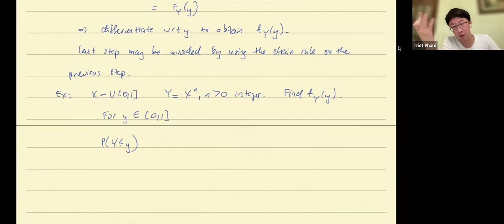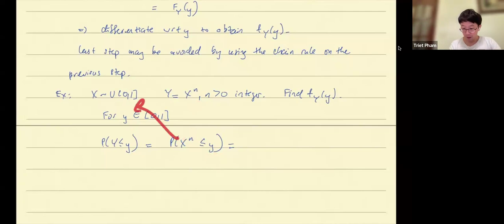Any number from 0 to 1 raised to the n power is still 0 to 1. And so I will proceed as X to the n. Now it's helpful because I know that y is a positive number. So I just take the nth root on both sides, and X is of course a positive number, right? Positive random variables, so basically no absolute value involved.